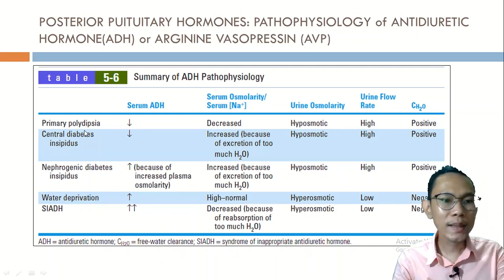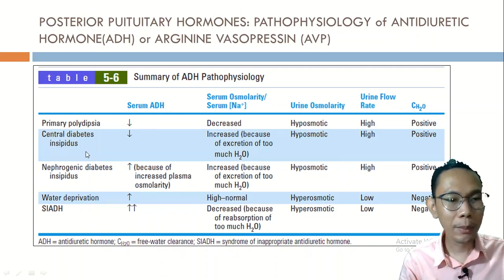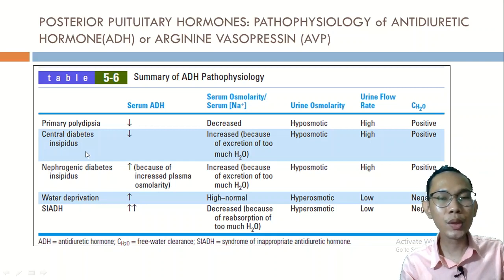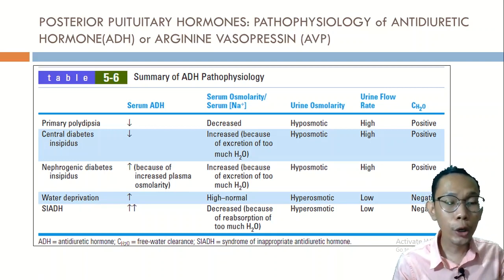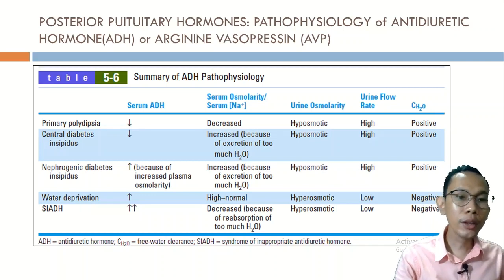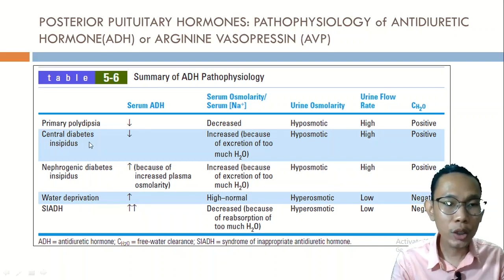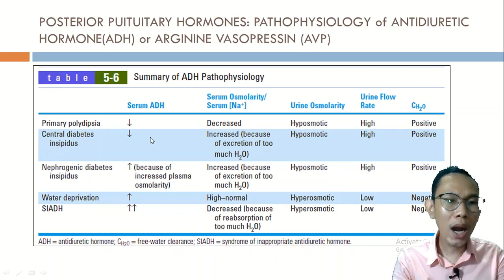Doc, paano po ang central diabetes insipidus? Remember your central diabetes insipidus? May destruction or deficient ang iyong serum ADH. So, in short, given na yan, your serum ADH will be low. Kasi nga, low ang ating serum ADH, ano nangyayari sa ating serum osmolarity?